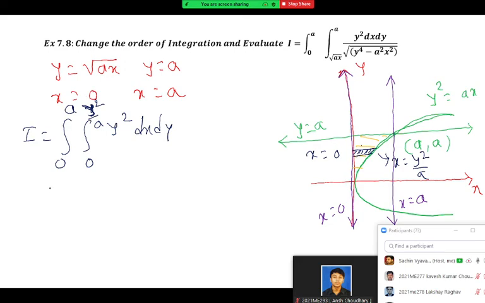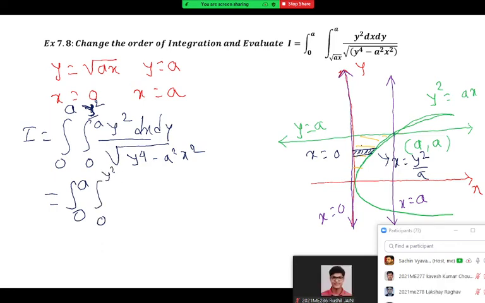So integrate first with respect to x, with y from 0 to a. The integrand is y square upon root of y to the fourth minus a square x square. How to integrate this? Sir, y square will be considered as constant, so it will be of the form sine inverse of x upon a.